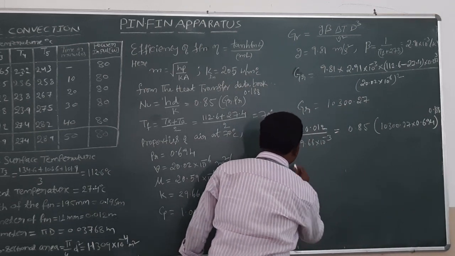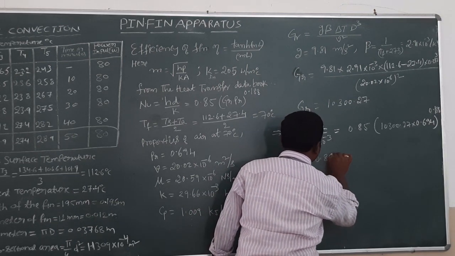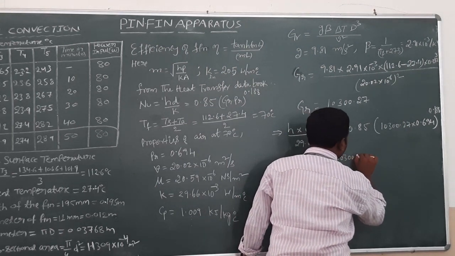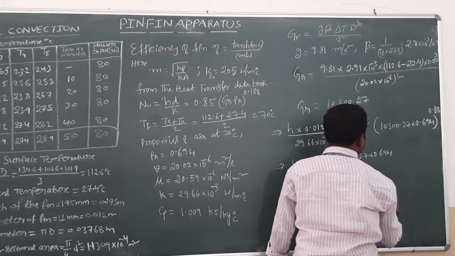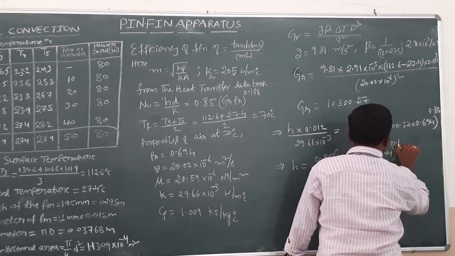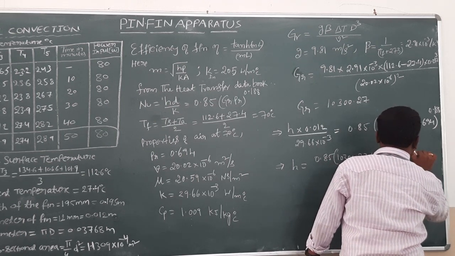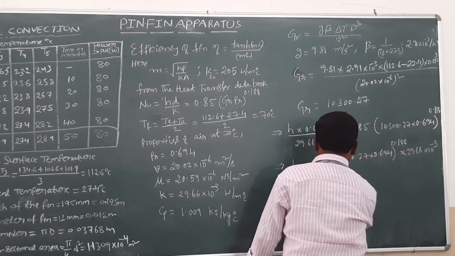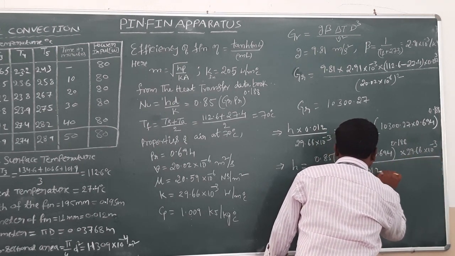I am simplifying this formula again. h equal to 0.85 into 103.00.27 into 0.694 power 0.188 into 29.66 into 10 to the power of minus 3 whole divided by 0.012.